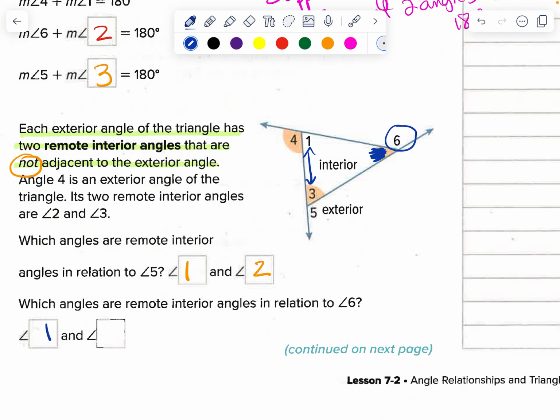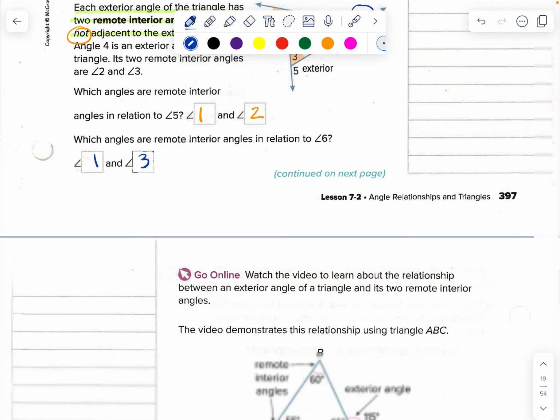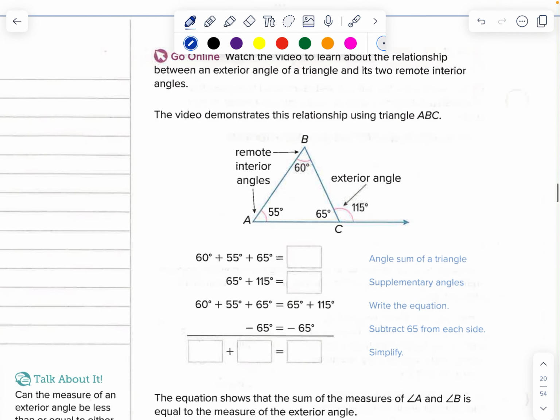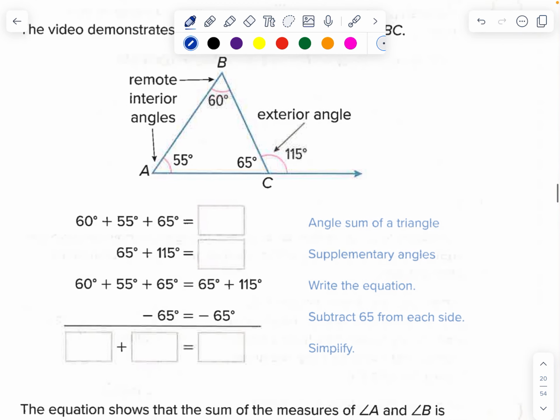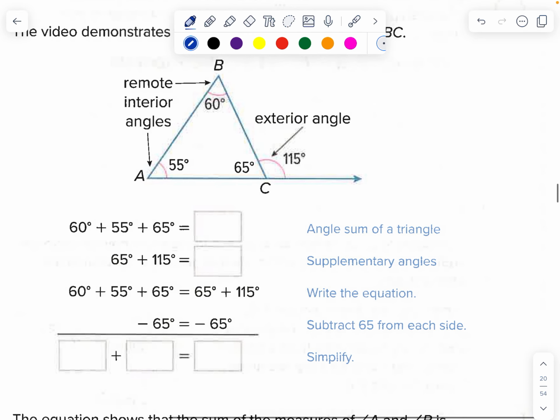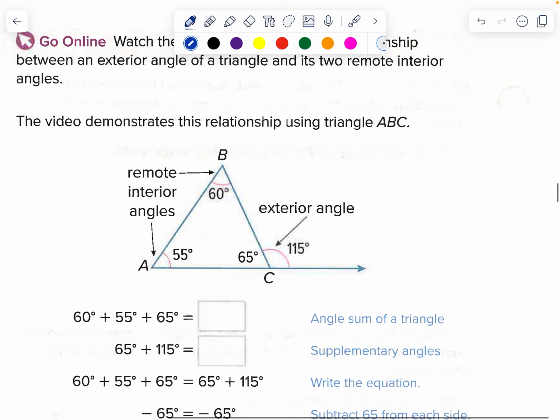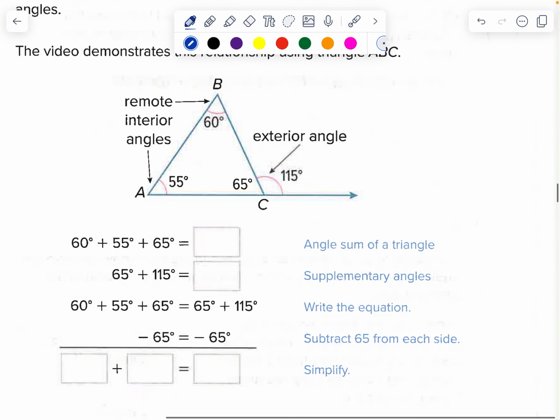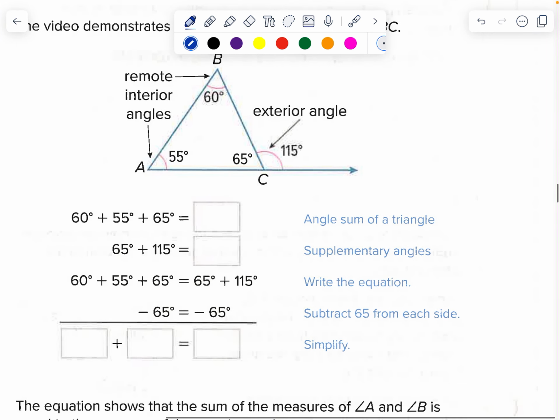So 1 and 3 are the remote interior angles. Okay, the remote interior angles.